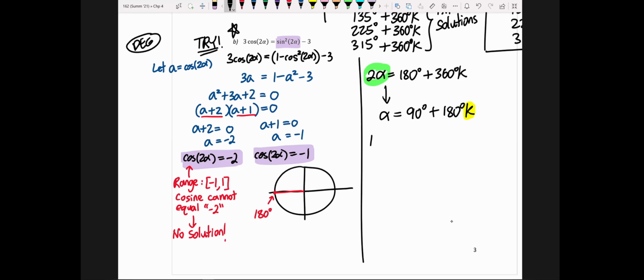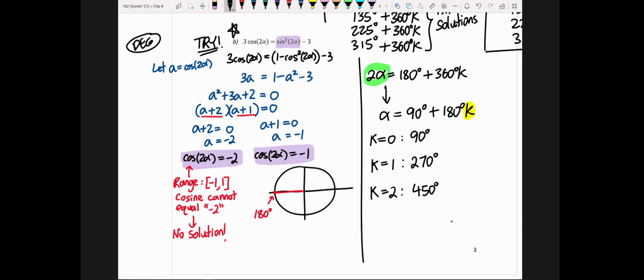After we get all solutions, that's when we're able to plug in the k value. So we can plug in k equals 0, k equals 1. Let's start with k equals 0. We have 90 degrees. K equals 1 would be 270 degrees. K equals 2, we have 450 degrees.